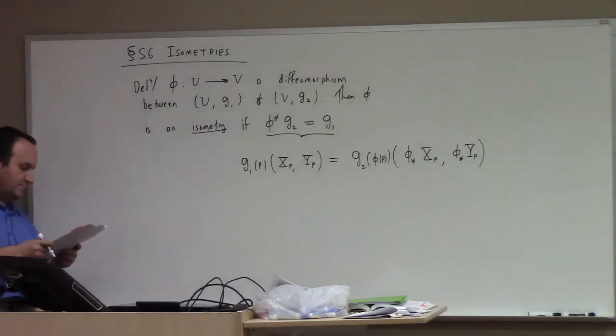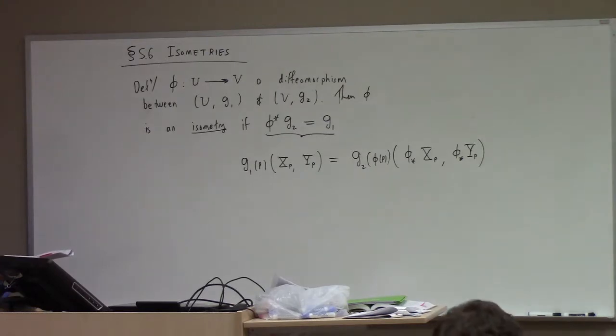So this means that phi is a diffeomorphism which preserves the metric structure. The concept here is that these two Riemannian spaces really have the same differential geometry. They have the same metrical properties.